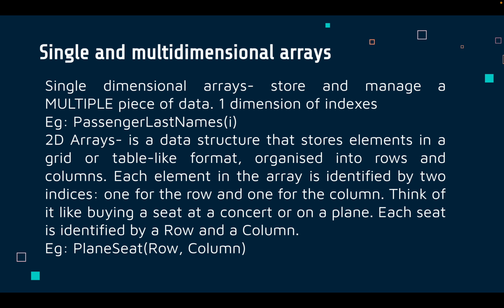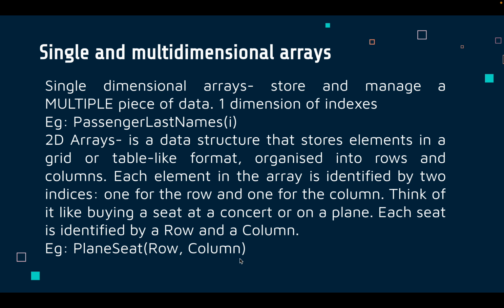Another way to think about it is when you buy a ticket at a concert or a ticket on a plane, or on a boat or a seating event, whatever it is. Often when you're buying a seat, there is both a row and a column. Seat 35C, grid row 7, column 4. There are two indexes, both a row and a column index, to indicate one particular entity.